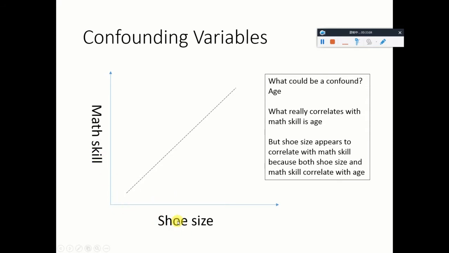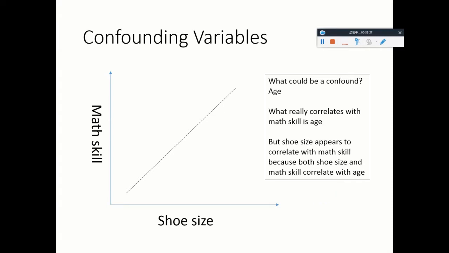The only reason that these two variables, which should not correlate with each other, correlate is because they're both related to a third variable, which is age. Make sense? I hope it does.